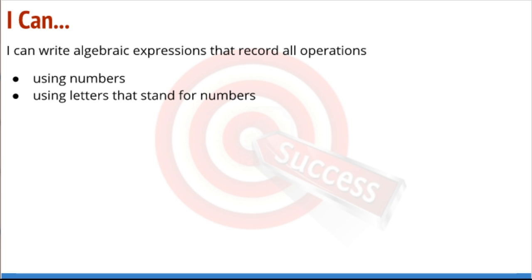All right, so a quick look at the I can statements. Hopefully by the time you are finished with this lesson, you can write algebraic expressions, recording all operations that have numbers, and also using variables. And it kind of bugs me that I used algebraic expressions here because we also used numerical expressions. We didn't have variables in there. So maybe I need to rewrite that.